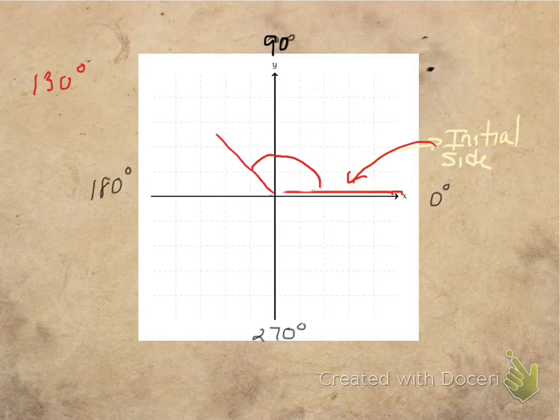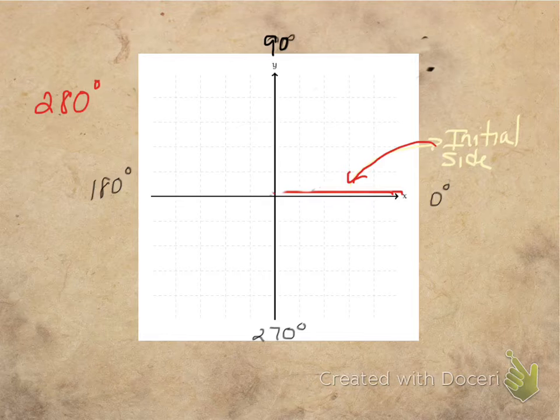I need to go 40 more degrees. Again, the arrow is going counterclockwise. 280. Well, I know I have to go past 270, 10 more degrees, and so that is the indicator for 280 degrees. Again, the terminal side.